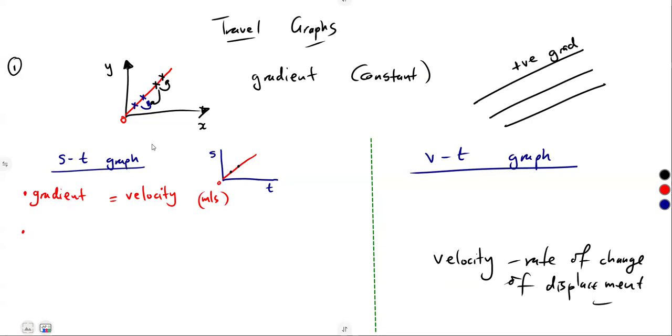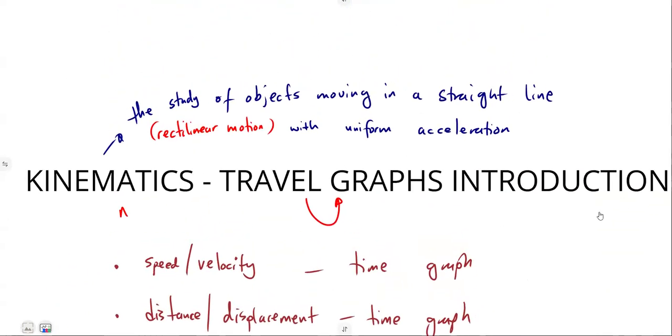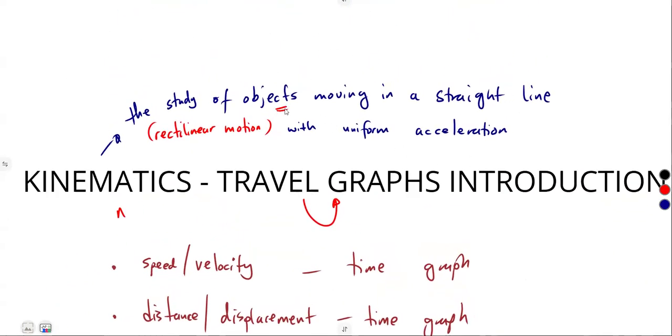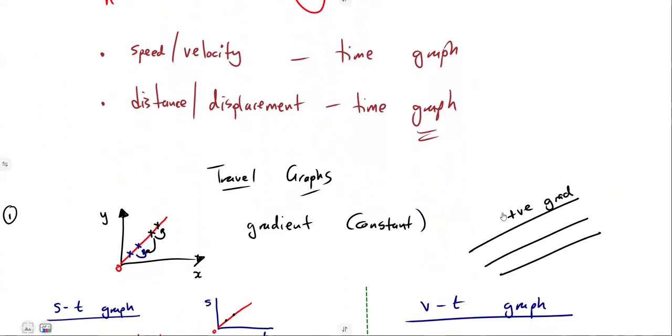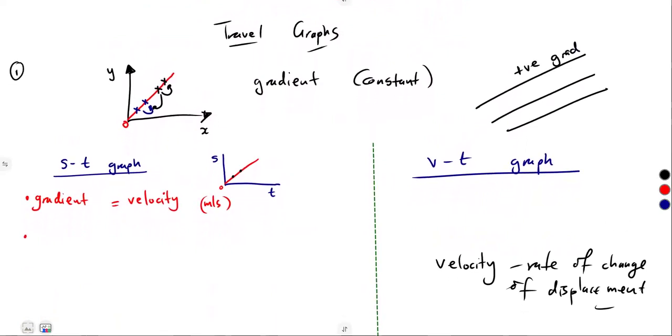So if it represents velocity and we say it is constant, it simply means this object, right? Under kinematics, we refer to a moving object. Anything is referred to as an object: a car, a train, a bicycle. So in this case, where the velocity is constant as we referred to our gradient, we are simply saying the object is moving with a constant velocity.